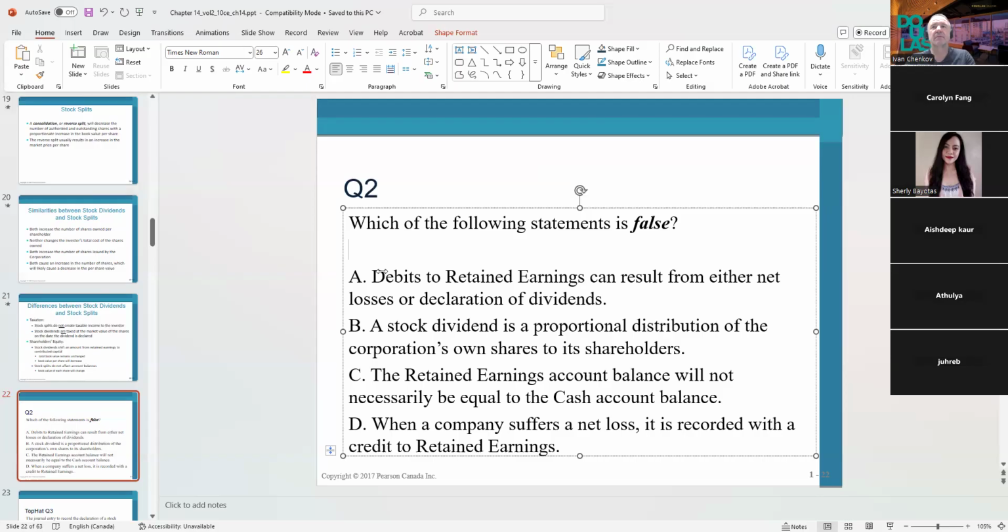Is the first one correct? Yes. Second one, B. Is B correct? Looks like correct. C.